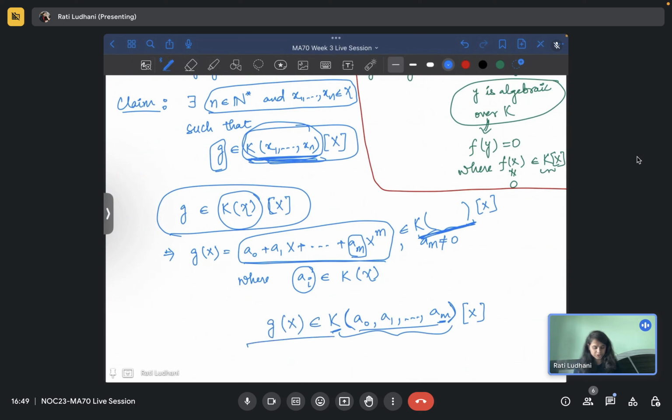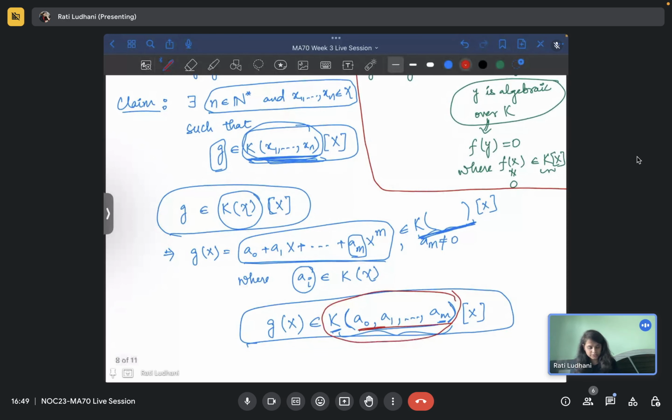Is this expression clear? Yes, exactly. So g(x) is a polynomial where coefficients belong to this field, and that is true because I have just included the a_i in the set.